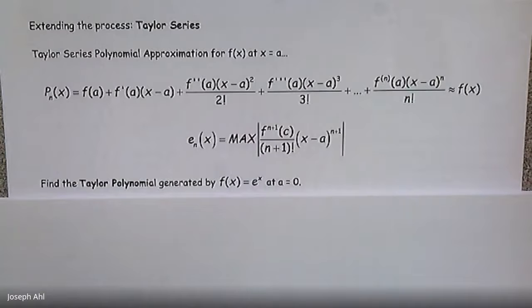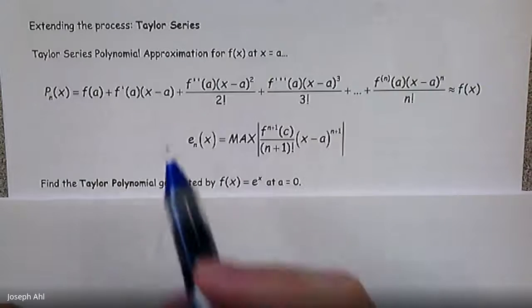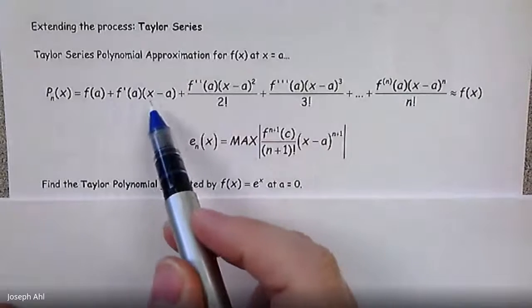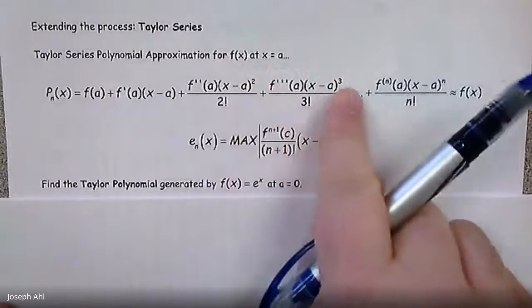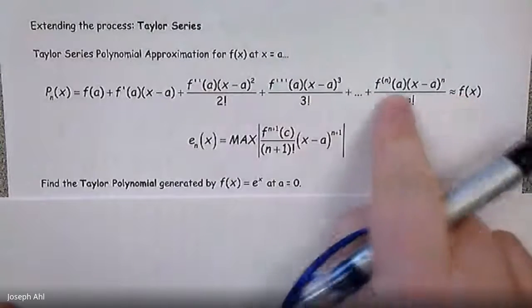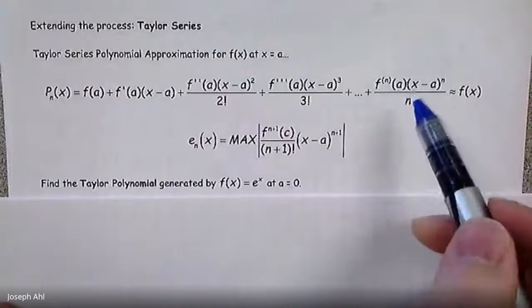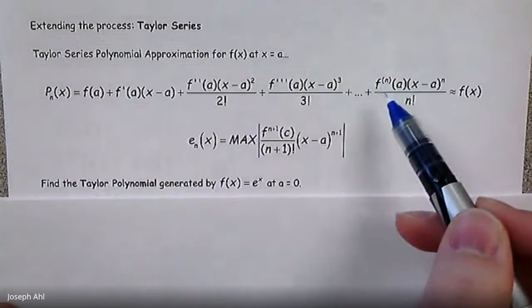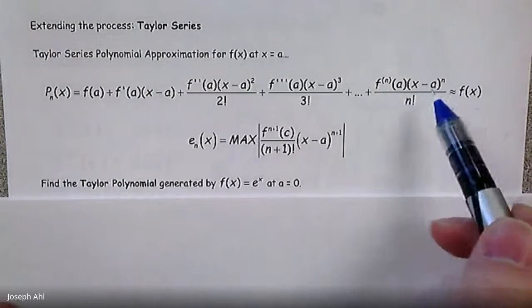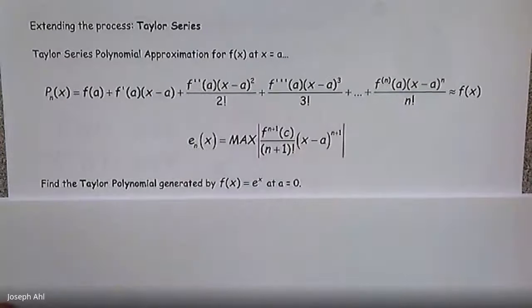It's a polynomial function p sub n of x such that we have f of a plus f prime of a times x minus a. Stopping here would be the linear approximation, and going on would give the quadratic and the cubic approximation. But if I keep going with that infinite series all the way into the nth derivative at a, that's going to be an approximation for f of x.